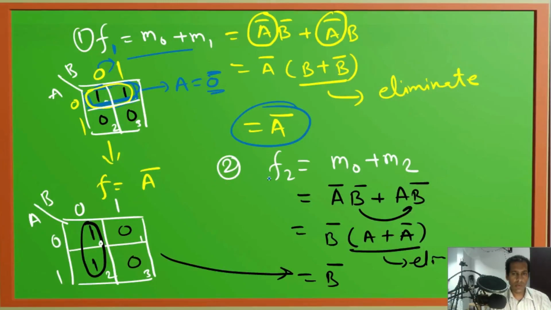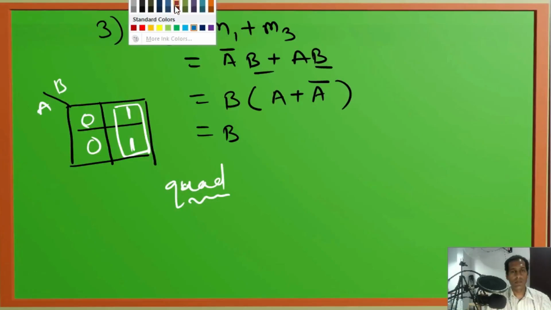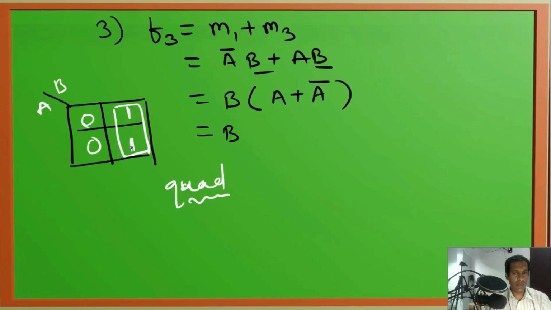Now if we focus on this function 2, m0 and m2. You can see which value is constant here. b is 0 throughout this complete square. And that value is 0, that's why we are writing b bar. And a values are changing, so that value is eliminated. Similarly, if you observe here, which value is constant?